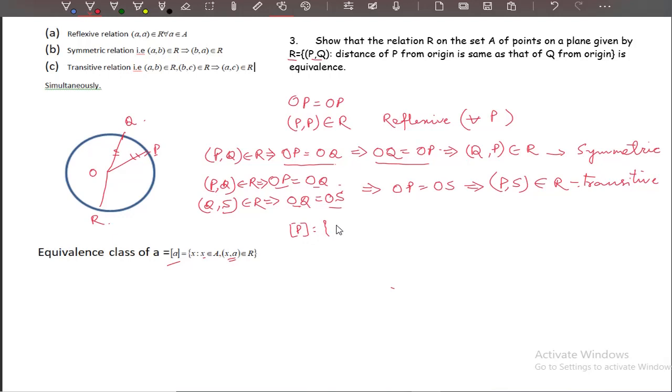All the points S, sorry, this point should be S. All the points S such that OS is equal to OP and S obviously belongs to the set A. So that will make a circle. All these points will make a circle. That is one question from equivalence class. I hope you have understood the concept.